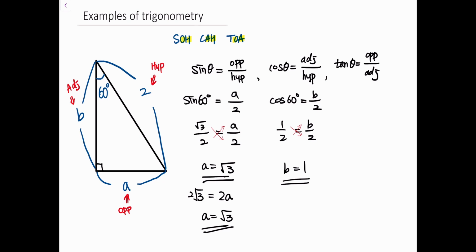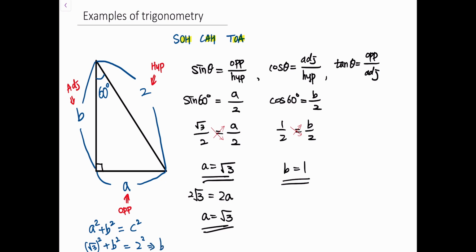We could instead use the Pythagorean theorem, as this is a right triangle, to find the B value. So A squared plus B squared is equal to C squared, and C is the hypotenuse value, and we can simply substitute in the calculated A and given C value. That gives us rad 3 squared plus B squared, which is the unknown one, is equal to C squared, which is 2 squared.